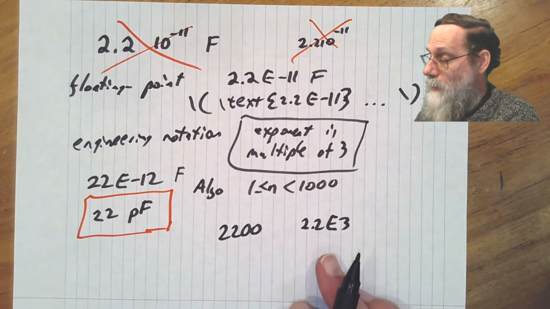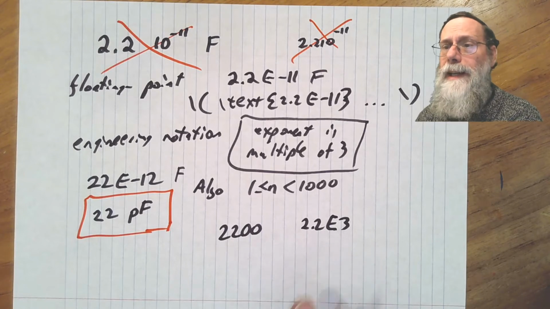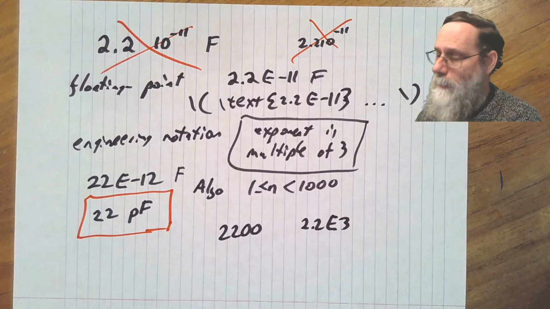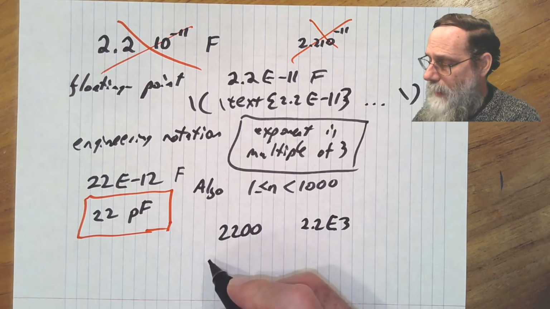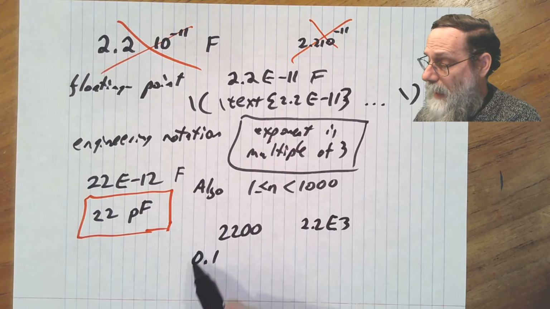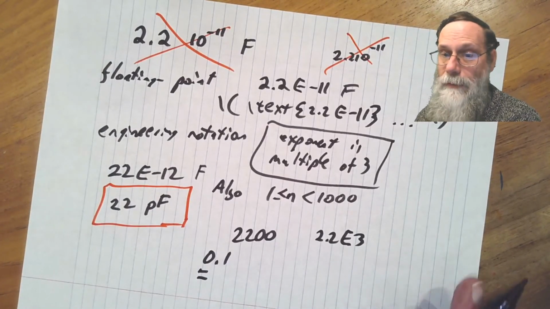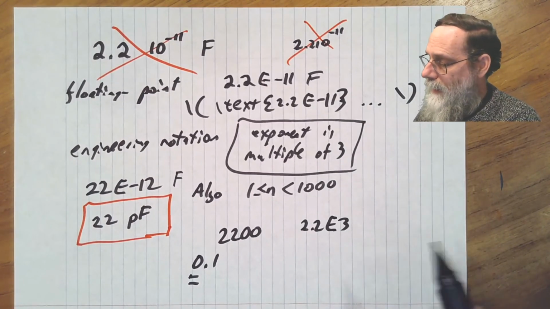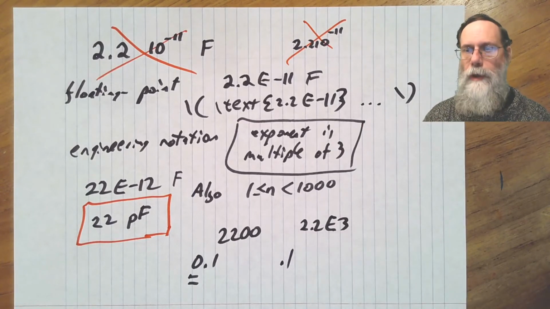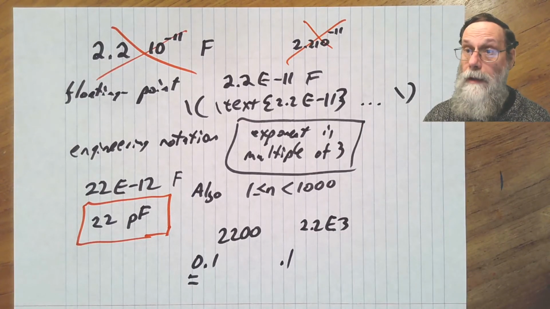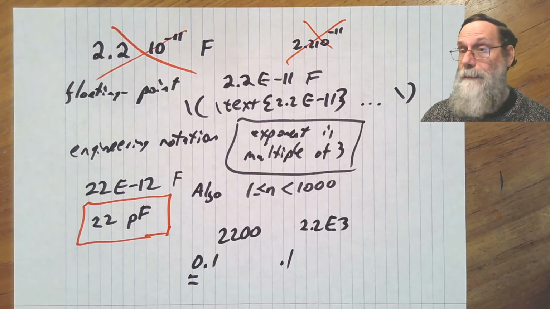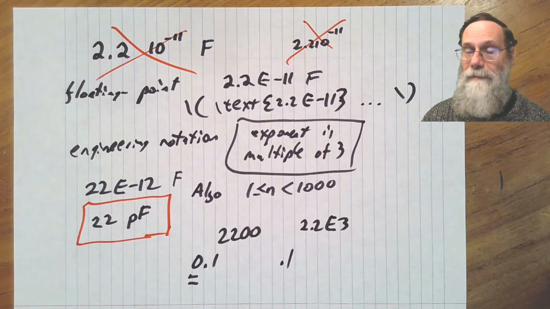One important consideration here is if you ever decide, hey, I need to have a number that's less than 1, but I don't want to go to the milli prefix or something like that. So if I've got a gain of 0.1, something like that, you must have that leading 0. It is absolutely forbidden to write a number starting with a decimal point. Why? Well, decimal points disappear very easily, particularly if you're writing in pencil or writing on things that you erase.